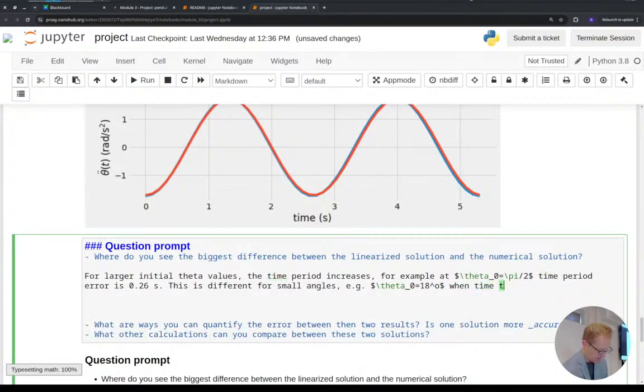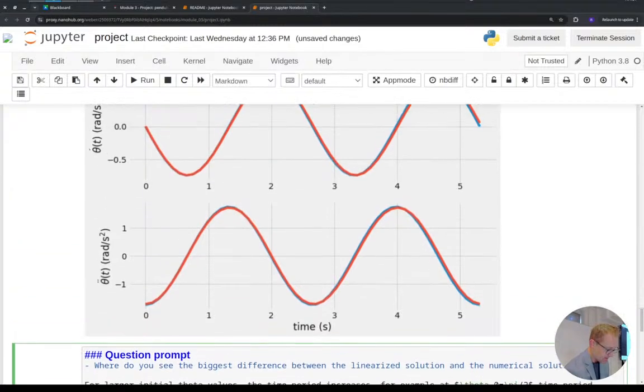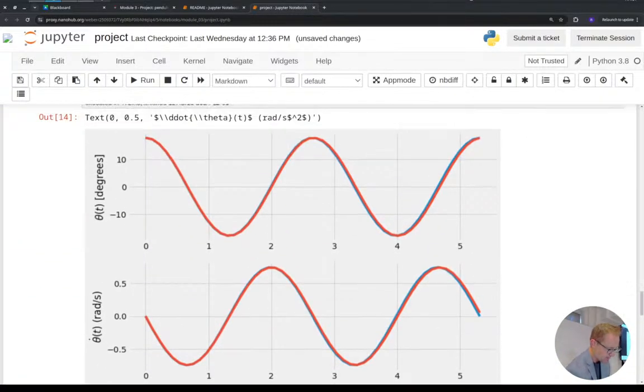When time period error is less than, I can't really see a difference in time period, so it's got to be less than like 0.1 or 0.01, somewhere around there, at least visually.